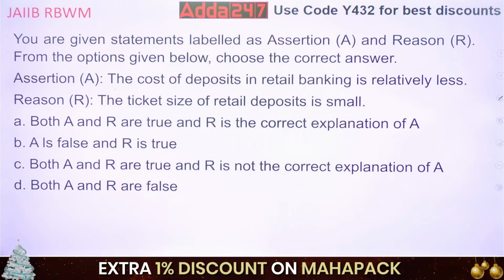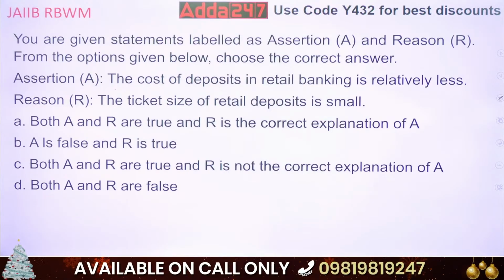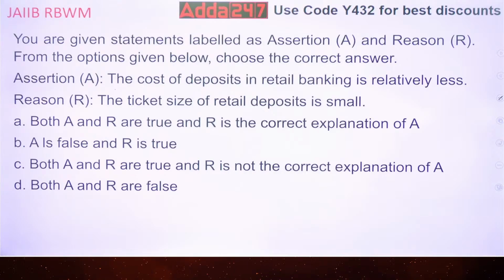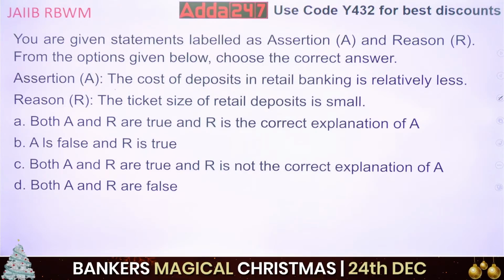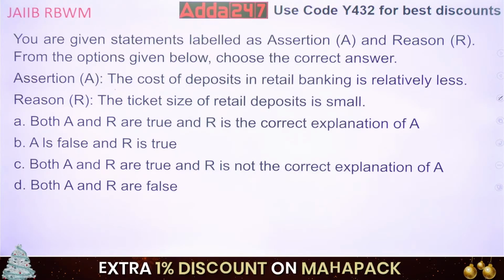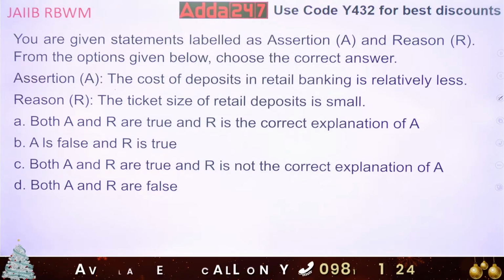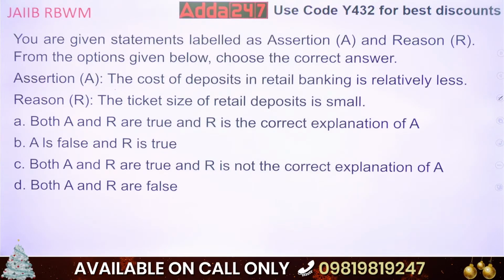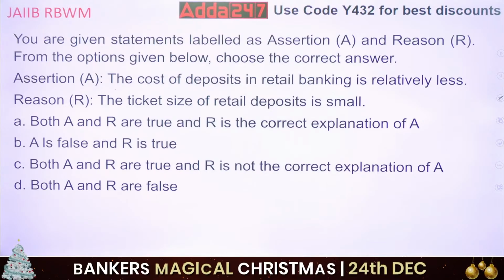So now look at the options. Both A and R are true, and R is a correct explanation of A. Second one, A is false and R is true. It means the cost of deposits in retail banking is relatively high, because if A is false, then it means that.